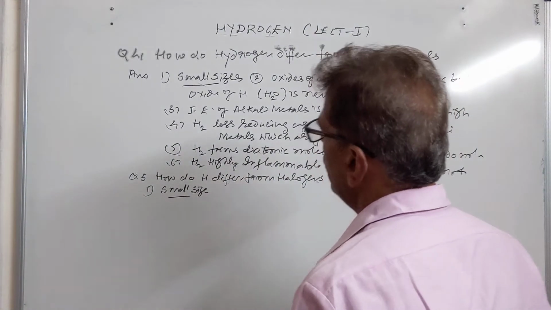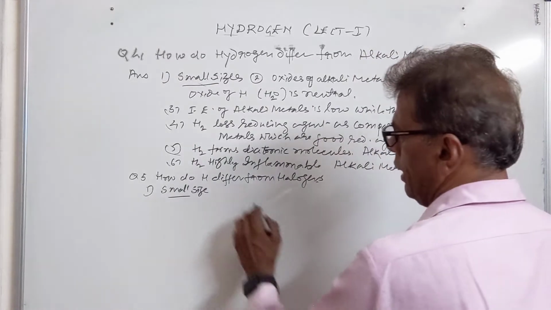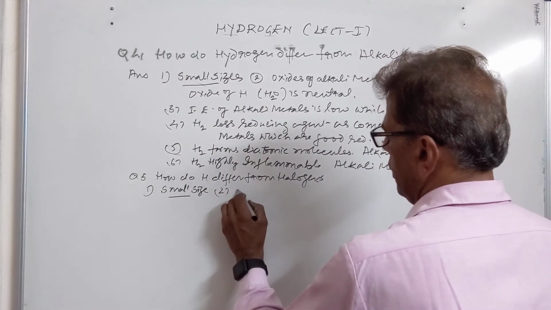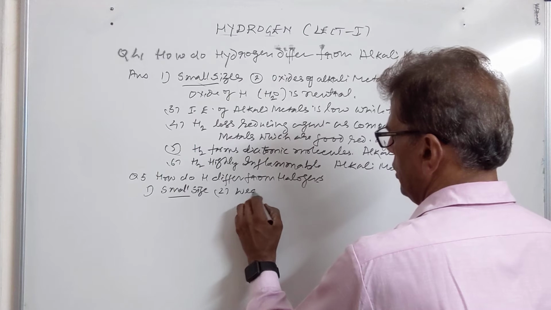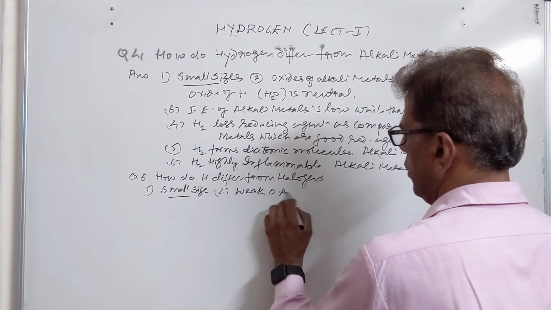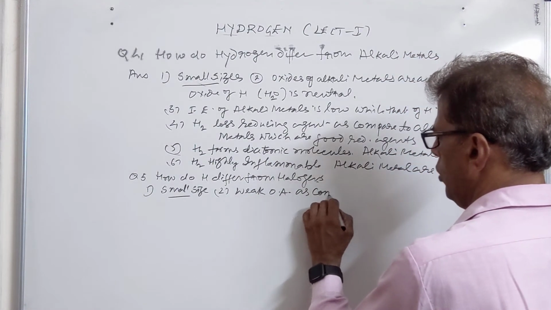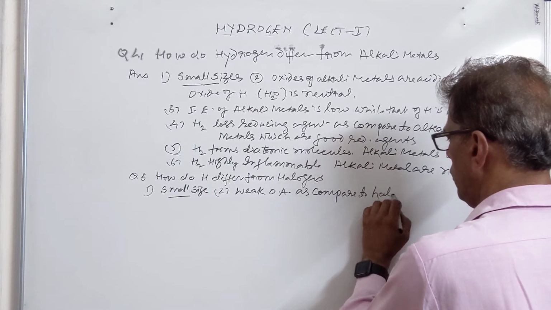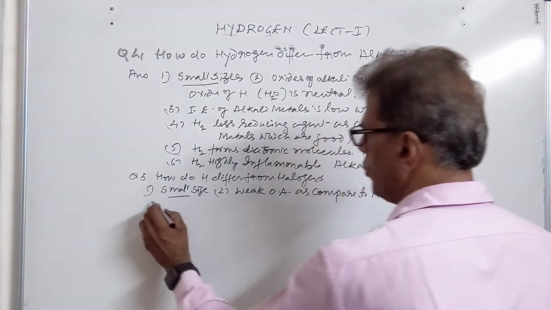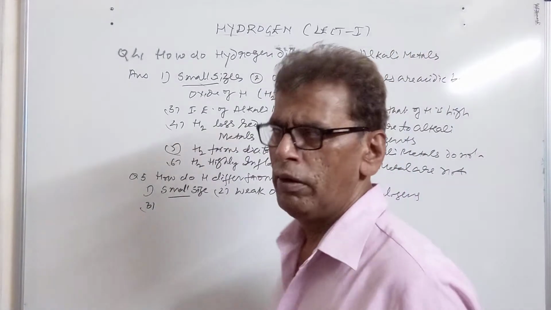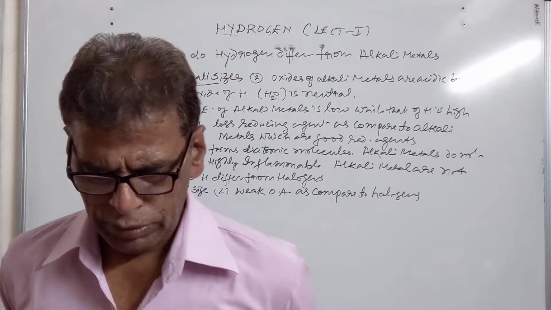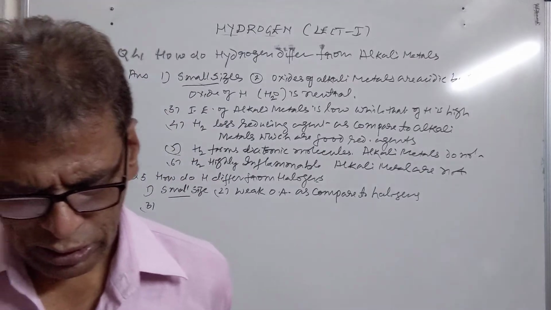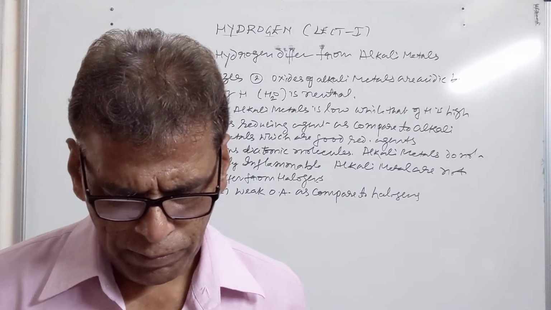So size is small, nuclear charge is less in this case. Second, it is a weak oxidizing agent as compared to halogens, which are strong oxidizing agents because they can easily accept electrons. Hydrogen cannot accept electrons so easily.